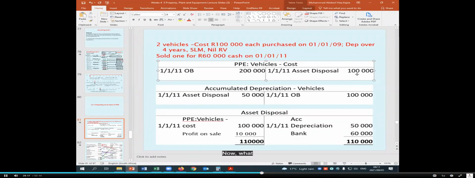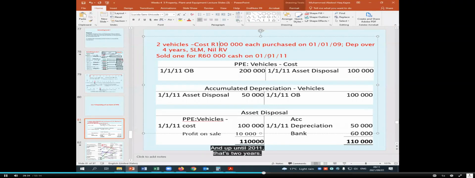Now, what about all the accumulated depreciation that we passed in relation to the vehicle that we sold? Well, we bought it for 100,000, that one vehicle, and we depreciated over 4 years, and up until 2011, that's 2 years.